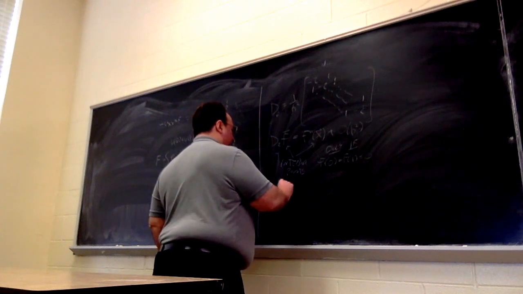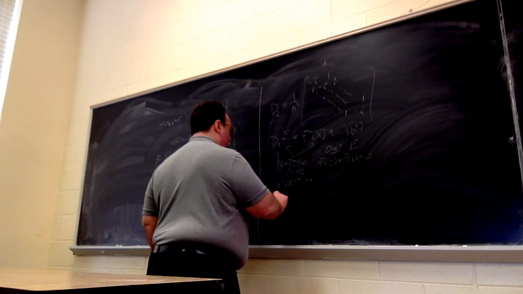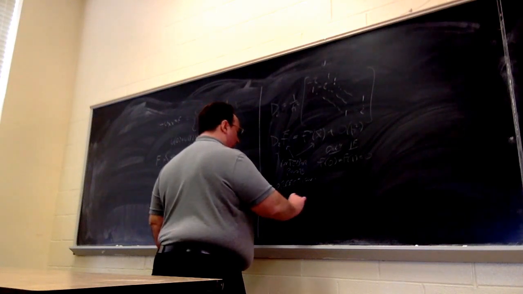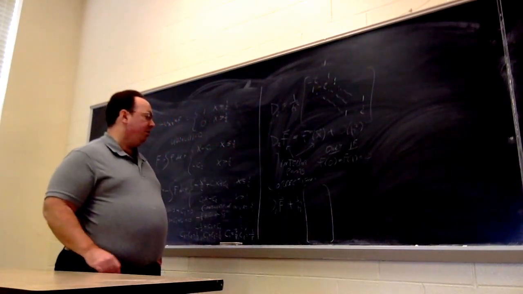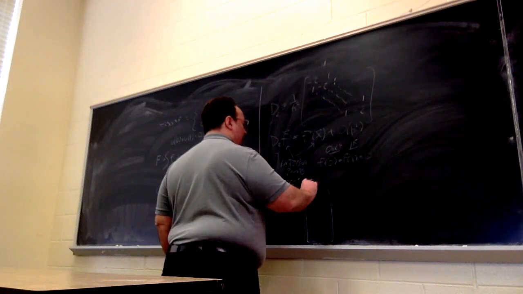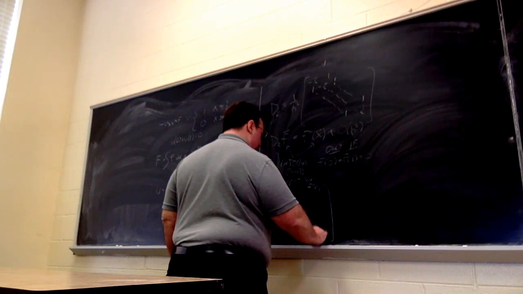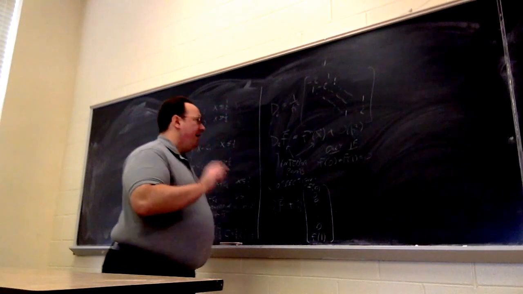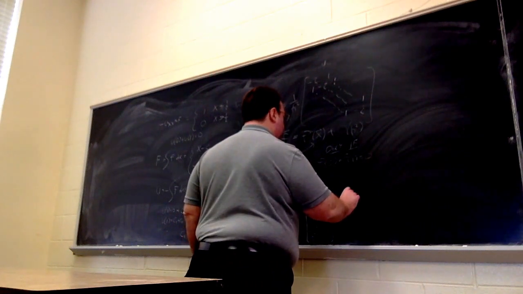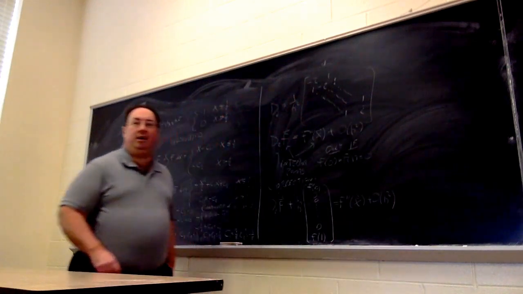So the correction is D squared f plus 1 over h squared times a vector that is all zeros except the first element f of 0, and then down below f of 1, and zeros in between, and that should equal f double prime at your interior points plus order h squared error.